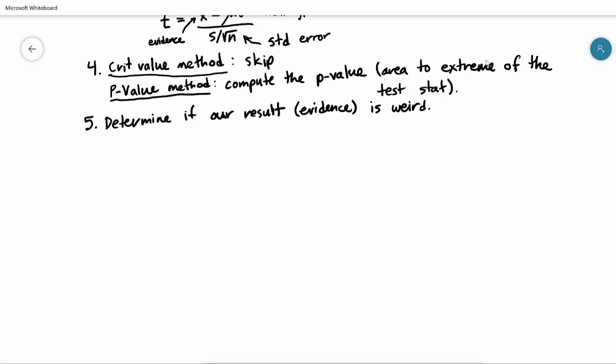So the criteria that I look at in this case, there's two different. So if we're doing the critical value method, I need to compare those two t-scores.